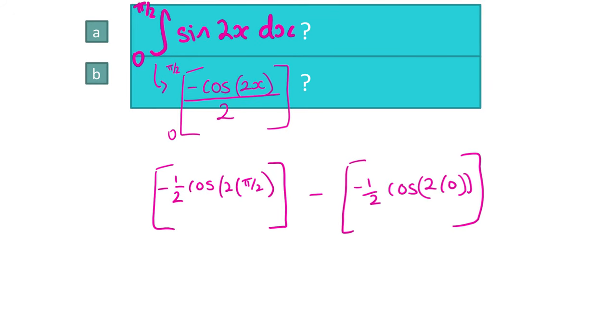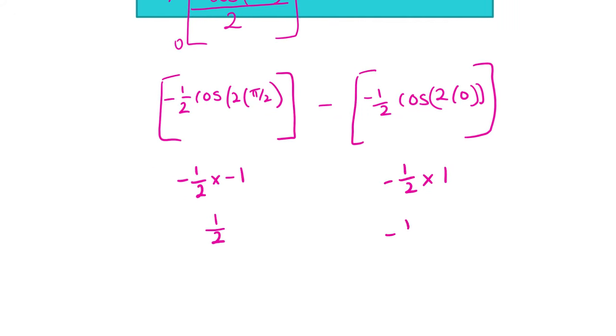Now, cos of pi is minus 1. So this is minus a half times minus 1, which we know is positive a half. Cos of 0 is 1, so I'm going to have minus a half times 1, which we know is minus a half.